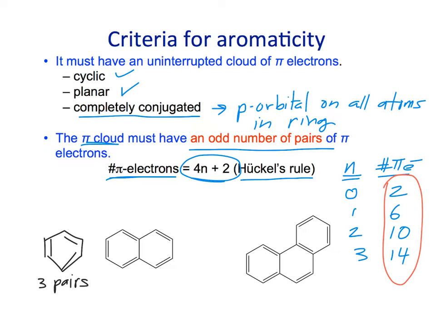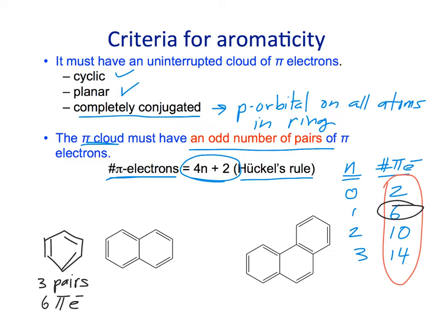So we get an odd number of pairs. However, we know each of those pi bonds represents 2 electrons. So 2, 4, 6, we have 6 pi electrons, right? And so that fits one of the possibilities, right? Okay, what about naphthalene?